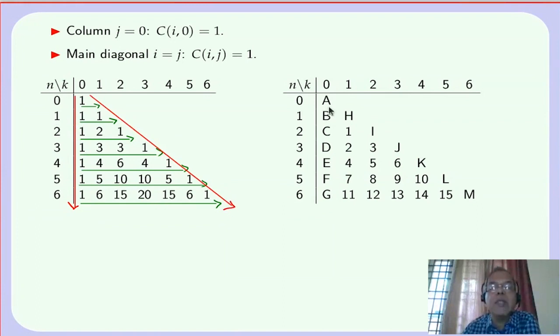I have shown the order here: A B C D E F G H I J K L M N. And if you take an example, let's consider this. N depends on n minus 1 k and n minus 1 k minus 1. So it depends on, this is n minus 1th row, this is kth column, this is n minus 1.